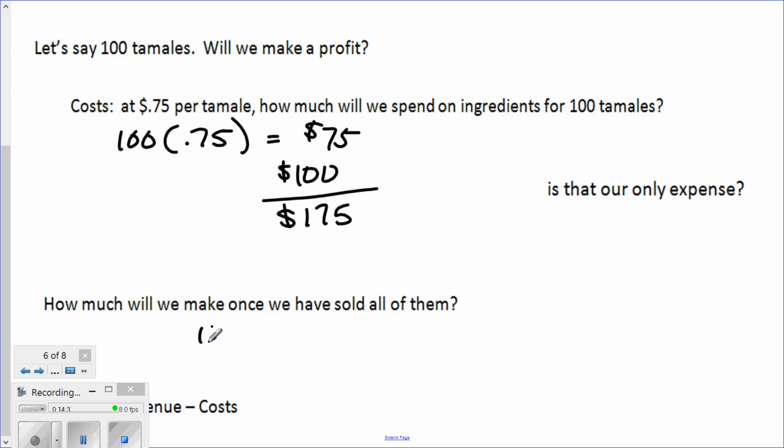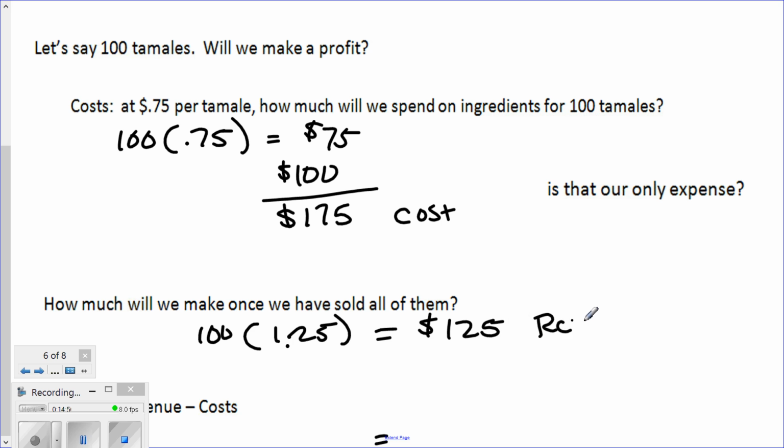Now, if we sell all our tamales, how much will we make? Again, 100 tamales, and we're selling them for $1.25. So $125 is our revenue. Just a little labeling here: this would be cost, and this would be revenue.